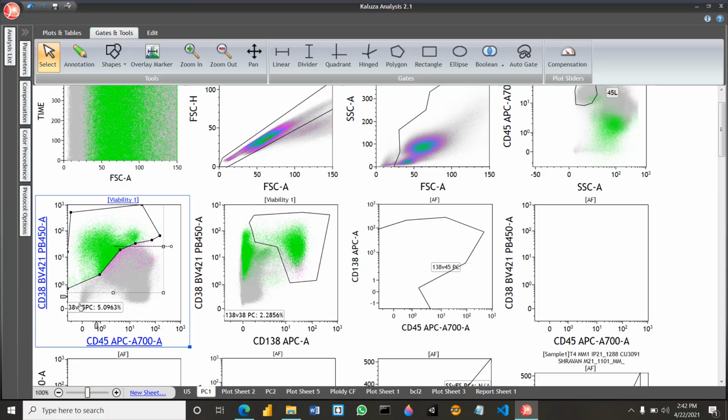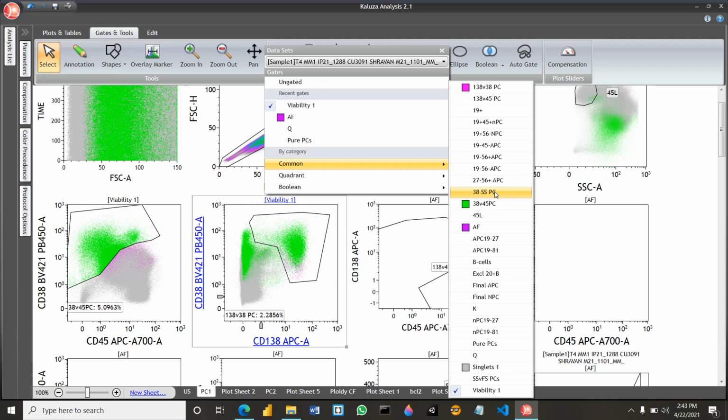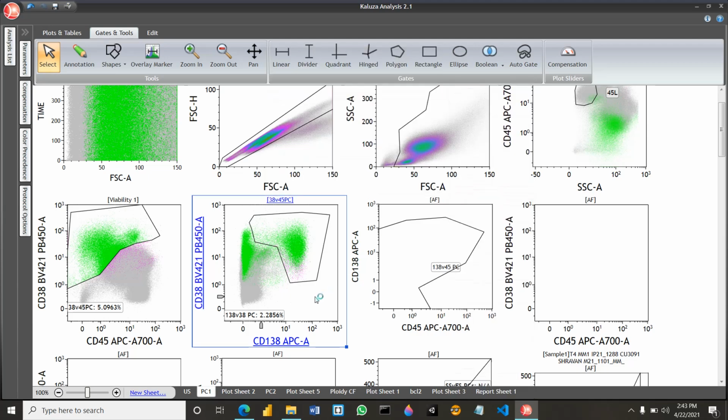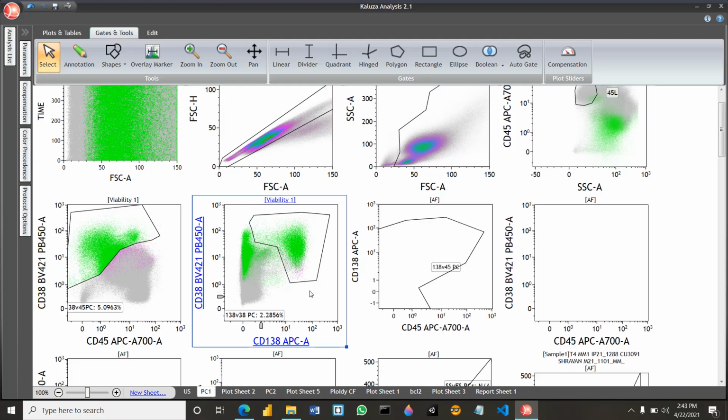So I'm going to use this gate CD38 CD45 and apply it in this plot. We have CD38 and CD45 PC, you can see here. So we included most of the cells, and we have not excluded anything else. Let's keep it that way.